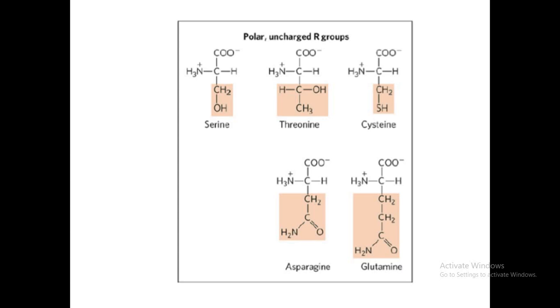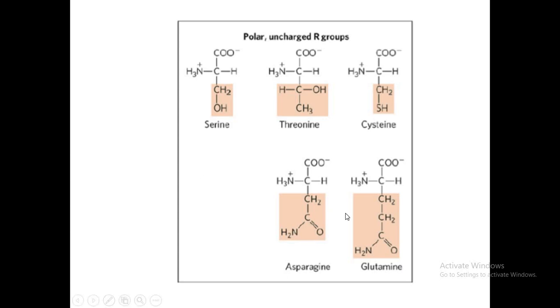But here you just have to keep in mind that cysteine is the second sulfur containing amino acid, and when cysteine oxidizes, it forms a dimeric amino acid that is cystine.